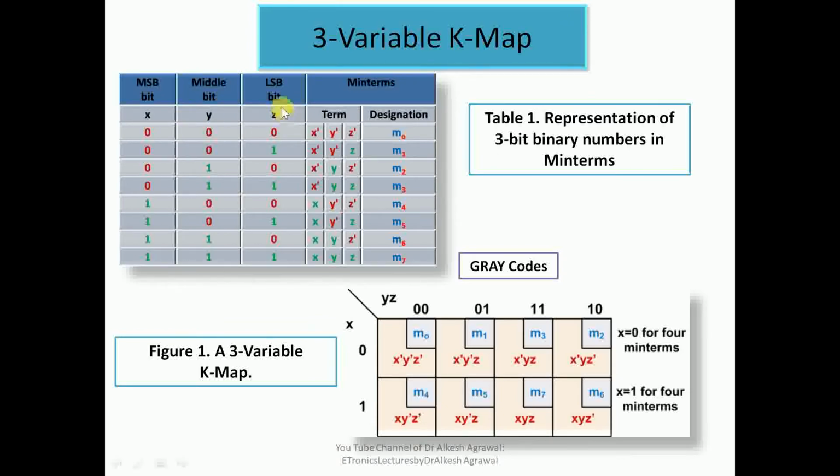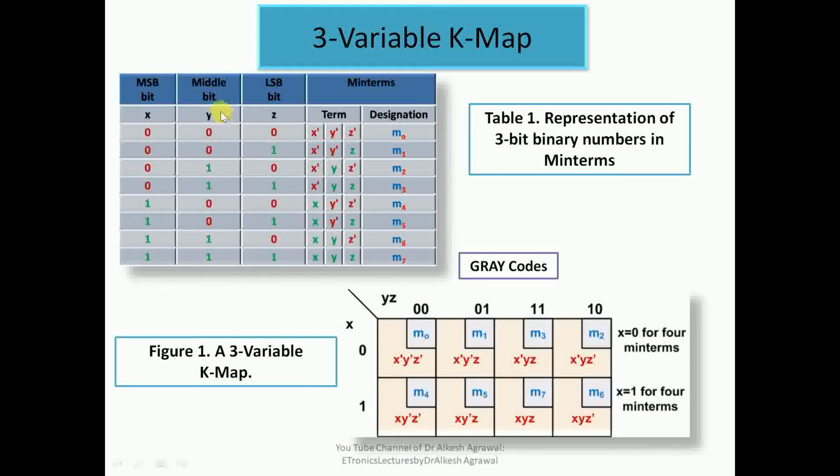We have z as the least significant bit, x as the most significant bit, and y as the middle bit. The z variable varies alternately: 0 to 1, 1 to 0, 0 to 1, 1 to 0, 0 to 1, 1 to 0, and 0 to 1.